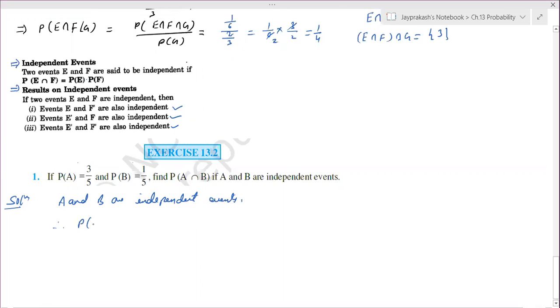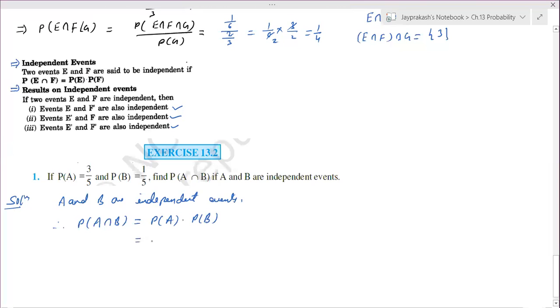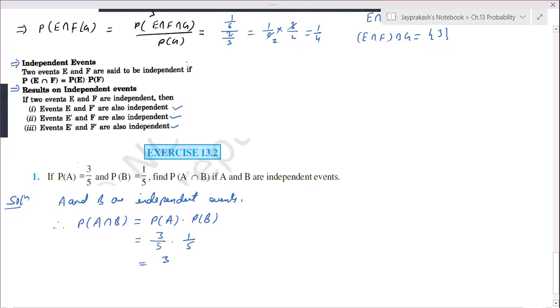Therefore P of A intersection B can be written as P of A multiplied with P of B. Now substitute the values. P of A is 3 by 5 and P of B is 1 by 5. So it becomes 3 by 25.